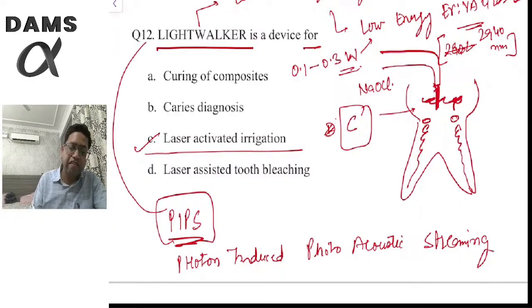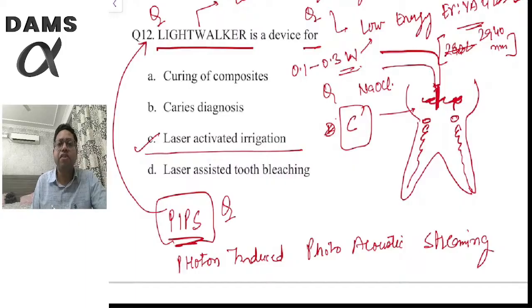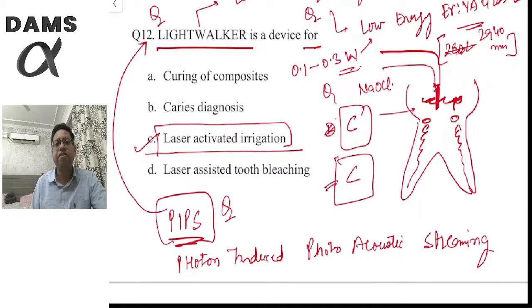And an example of a commercial product available that works on this technique is Lightwalker. So these are some of the things that you have to remember about the device called Lightwalker, and it is used for laser activated irrigation. Option C would be the answer here.